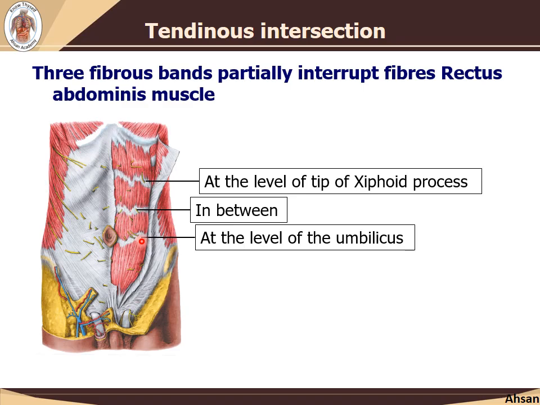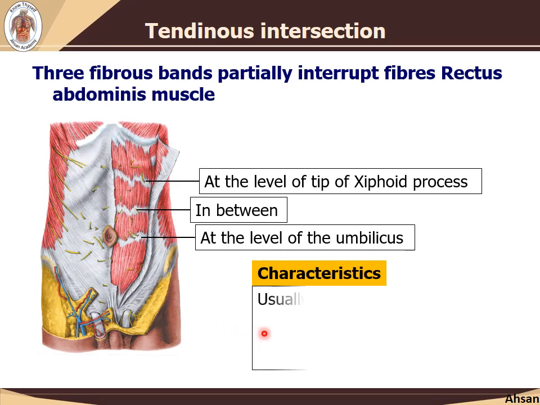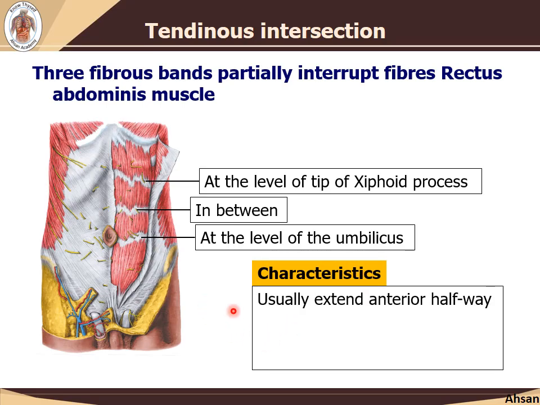So 3 are there which are fixed. Almost everybody has this. A 4th one may be present between the umbilicus and the symphysis, in this plane. This may be absent.